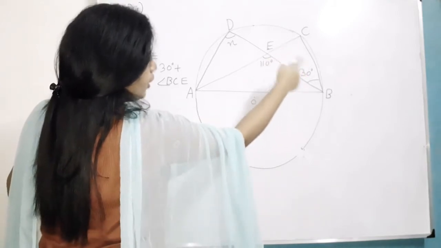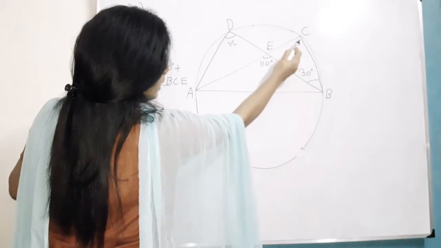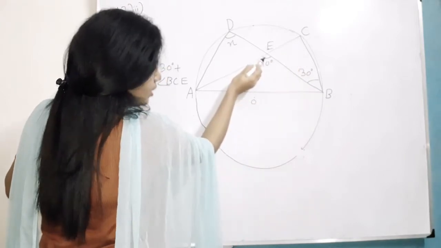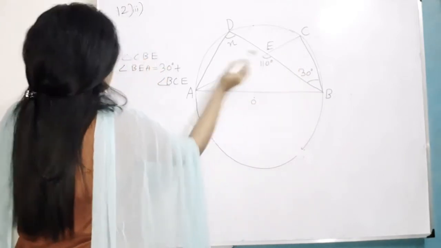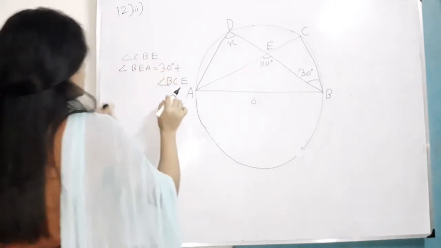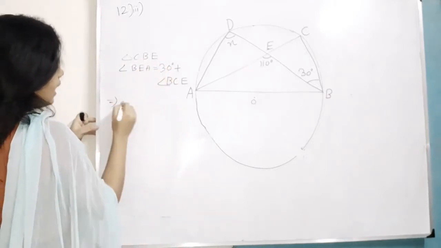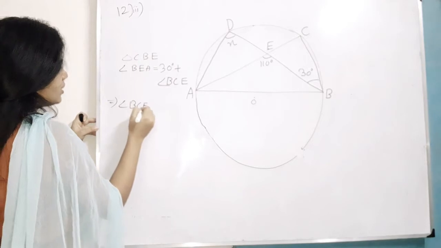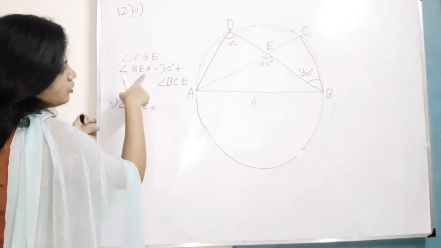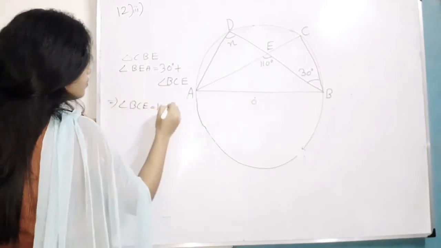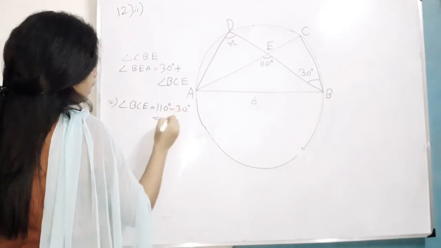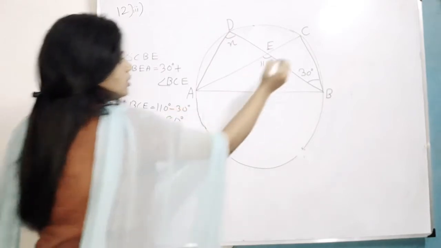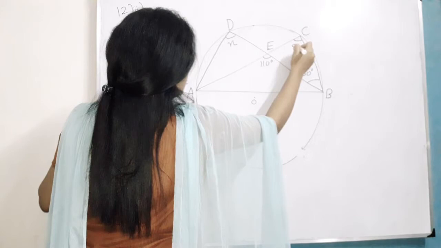So just follow it properly. These two are interior and this one is the exterior with respect to triangle CBE. Now we can say that angle BCE equals 110 minus 30 degrees, that means 80 degrees. So this one I have got 80 degrees.